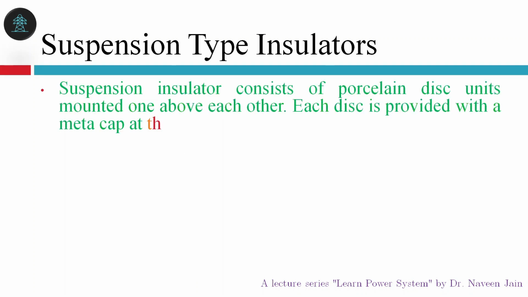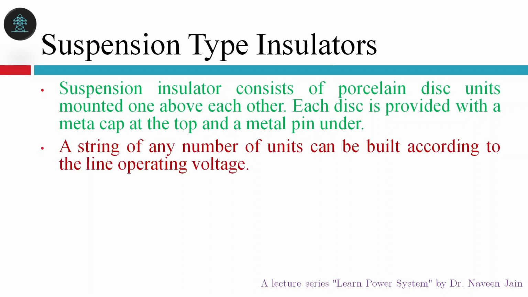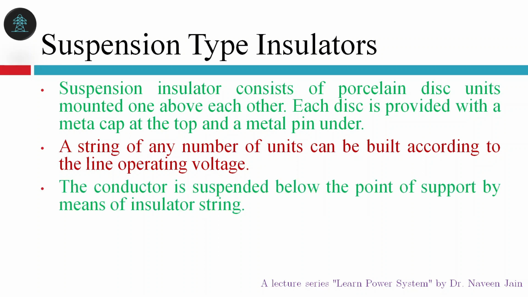Suspension type insulators. A suspension insulator consists of porcelain disc units mounted one above each other. Each disc is provided with a metal cap at the top and a metal pin under it. A string of any number of units can be built according to the line operating voltage. Normally each disc is rated for 11 kV. The conductor is suspended below the point of support by means of the insulator string.